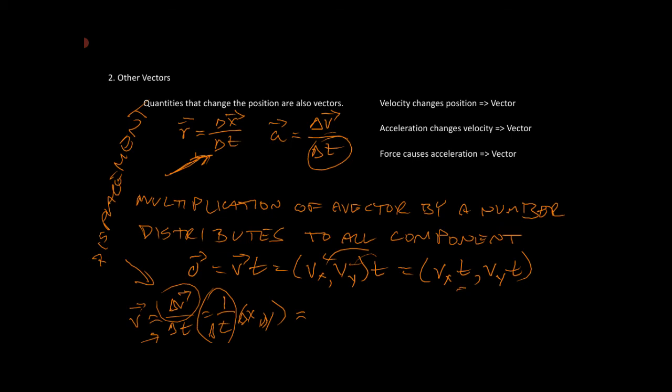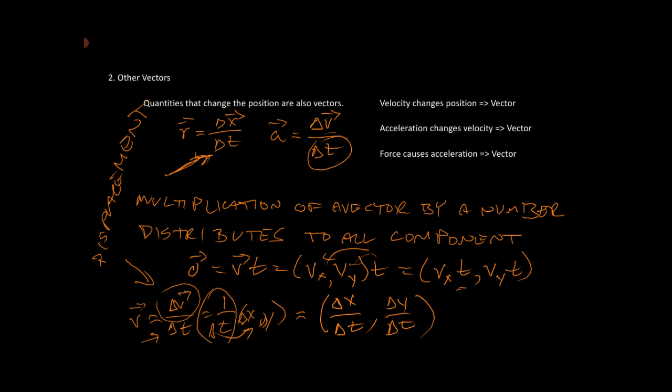So division is just like multiplication, right? You can't divide by a vector, but you can divide by a scalar. So you have delta x over delta t, multiply 1 over delta t times delta x, and we have delta y over delta t.